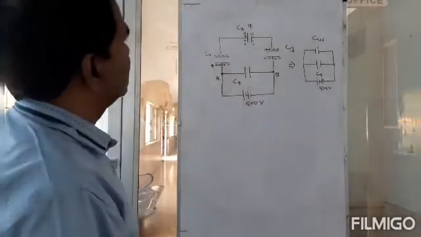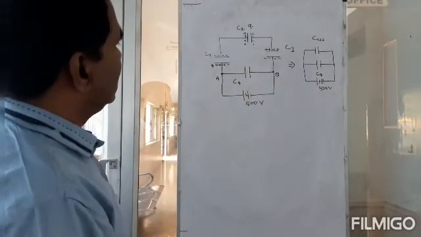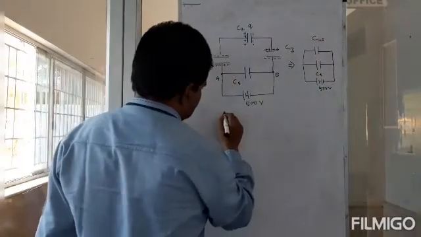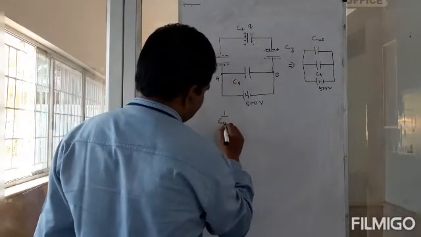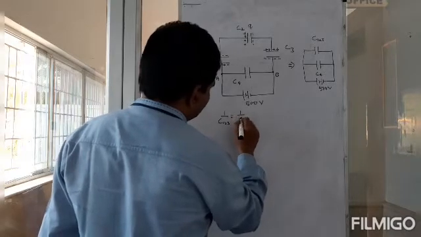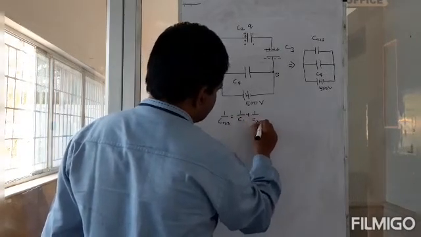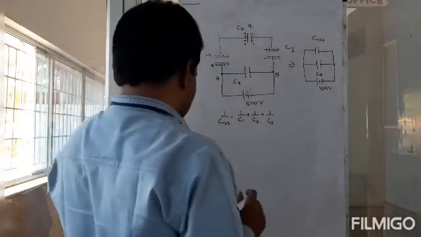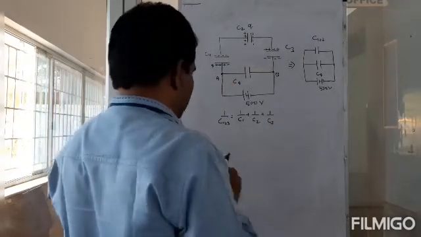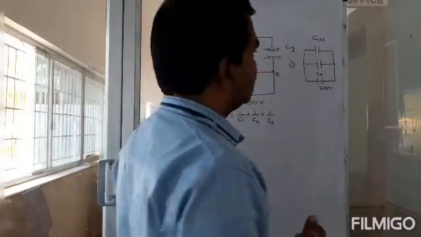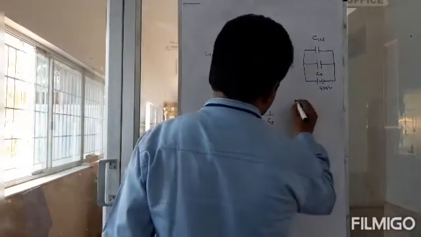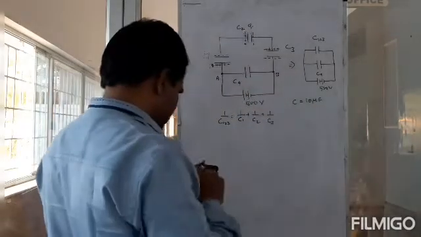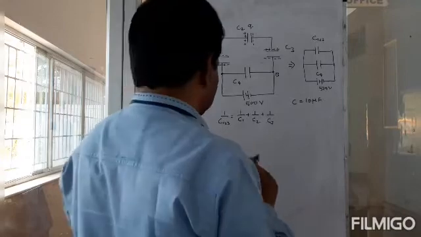So what do we get? We need to calculate C123, right? So 1 by C123 is equal to 1 by C1 plus 1 by C2 plus 1 by C3. But they said all capacitances have equal amount, that is 10 microfarad. So each C is equal to 10 microfarad. That's what is given in the problem.